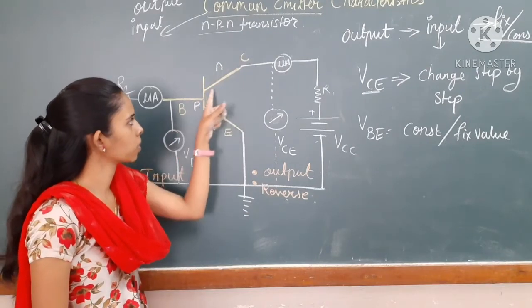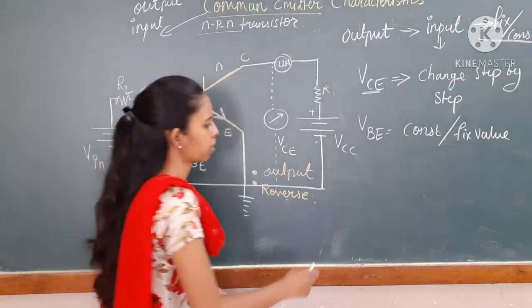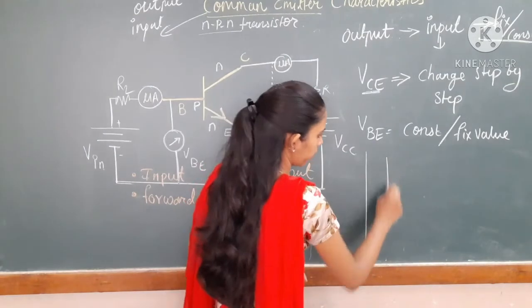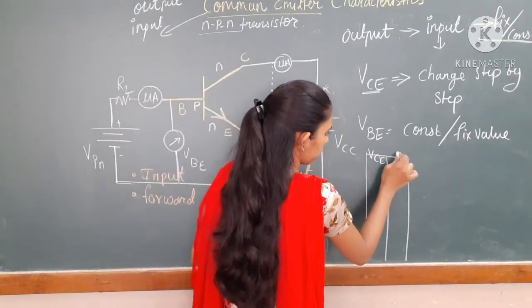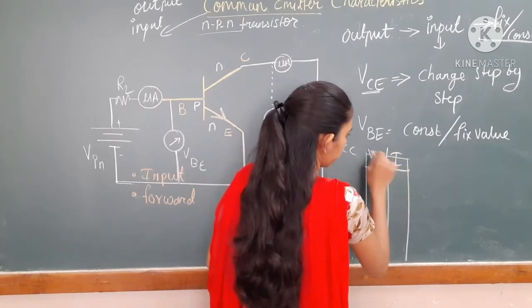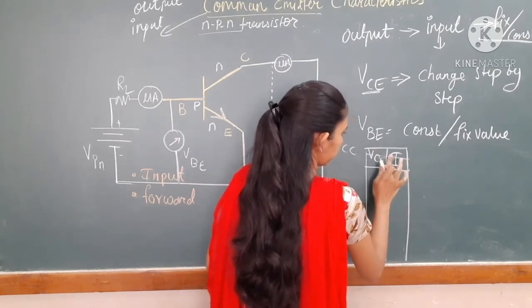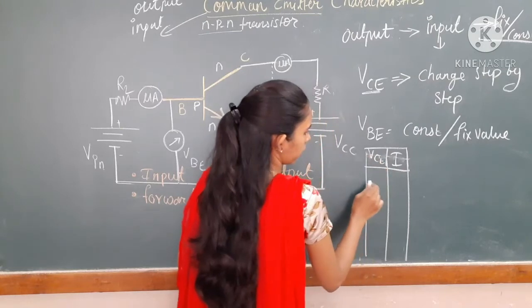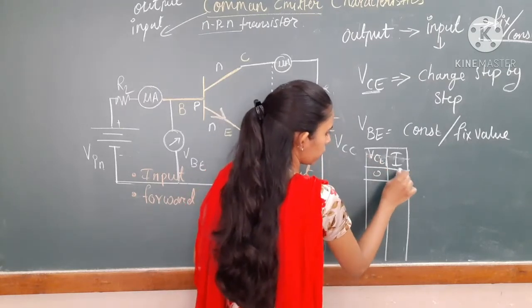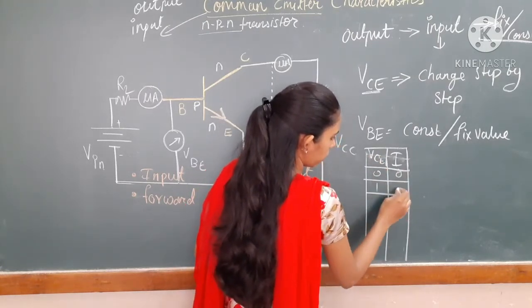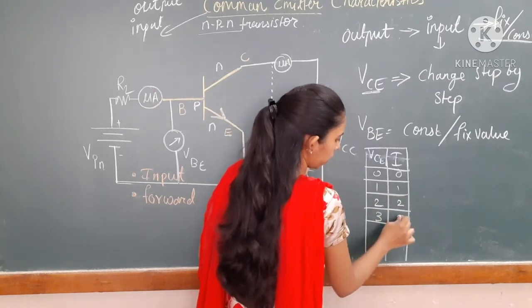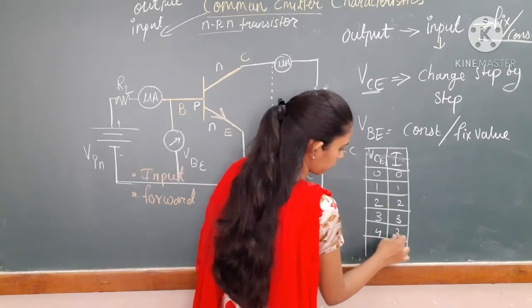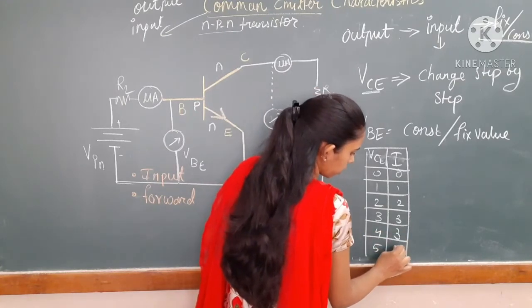That means the current is going to be constant. If this is the VCE and this is the current, okay, this is 0. For 0 the current is 0. For 1 it is 1. Then for 2 it is 2. Then for 3 it is 3. For 4 it is 3. For 5 it is 3.